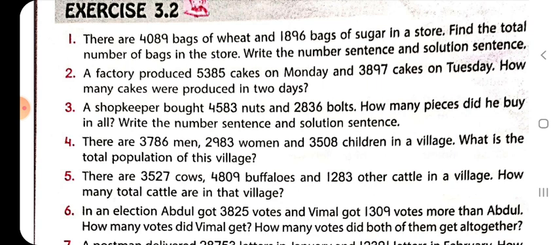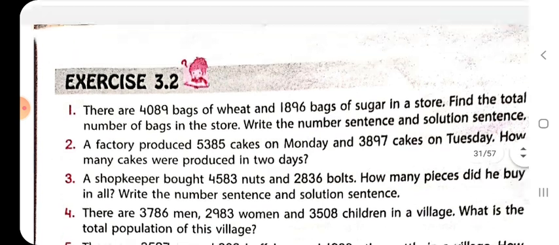Okay, so these 3 are the numbers, and at the last we will add all 3 of the numbers, and we will get the total number of cattle in the village. Okay, as simple as above. Do it in your fair copy on a new page. Start a new exercise with a new page only. Write the question, and after that you will write the solution. Okay, do it neatly.